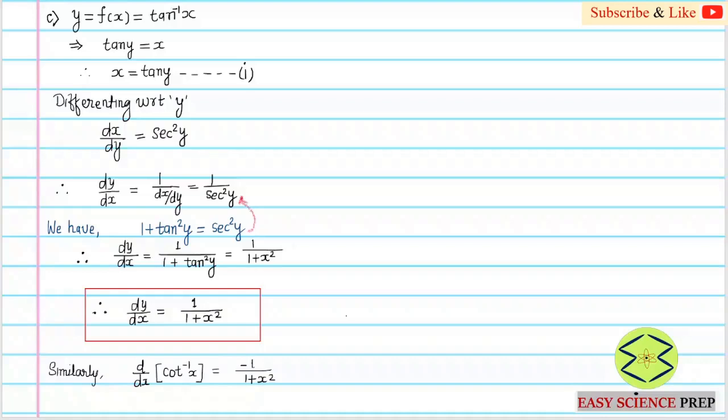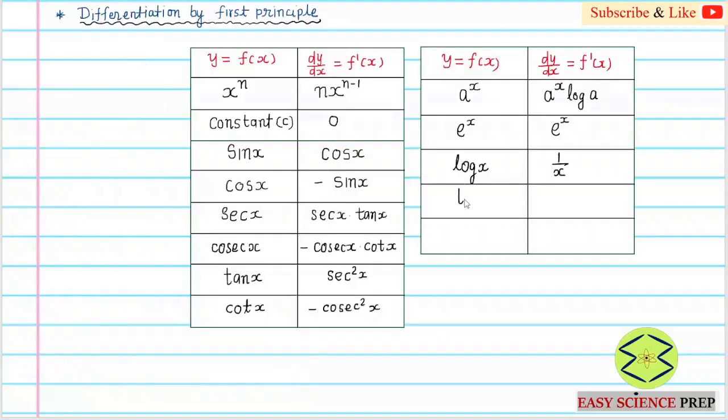By using a similar procedure, you can easily show that the derivative of cot inverse of x is minus 1 over 1 plus x square. So we have the derivative of tan inverse of x, that is 1 over 1 plus x square, and the derivative of cot inverse of x, which is minus 1 over 1 plus x square.